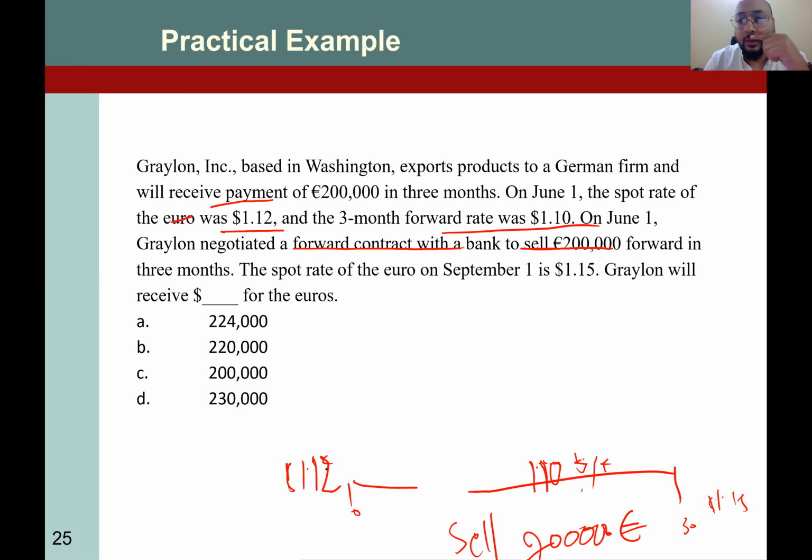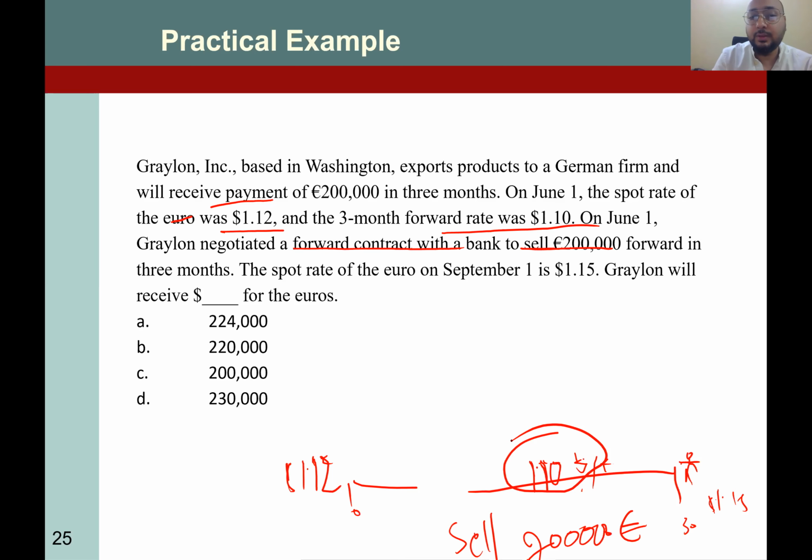So the question is, at the expiration, when you are here, since you enter into forward, you must honor the forward rate. So what will be your selling price at 1.10, the forward rate?